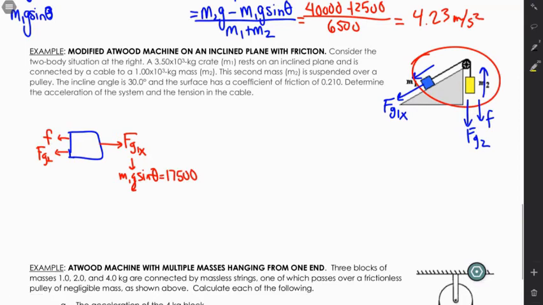FG2 is M2 g, so it's just going to be 1,000 times 10, or 10,000. Okay, so we got that.